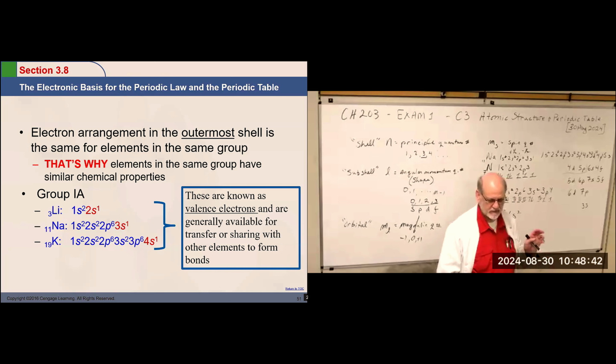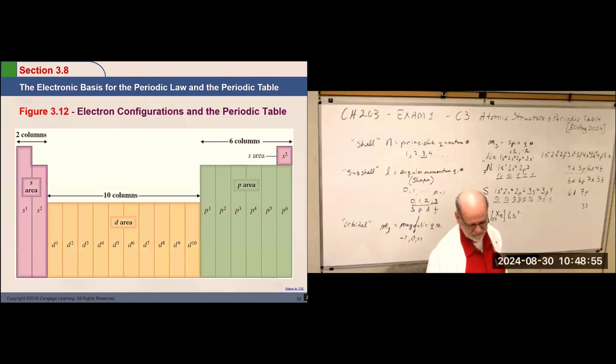So the valence electrons are the electrons that have the same principal quantum number. 1, 2, 3, 4, 5, 6, 7. Left out the lanthanides and actinides. They're the F areas.